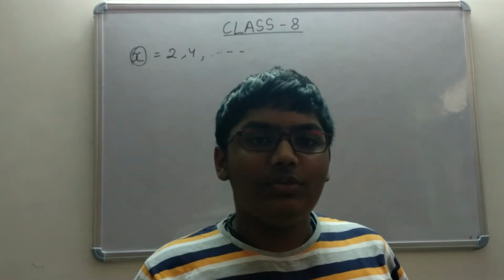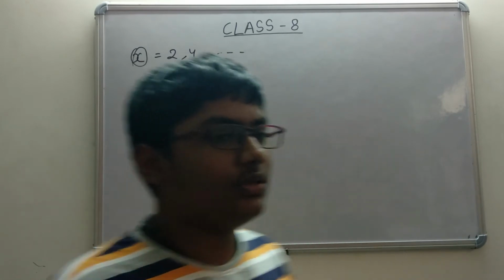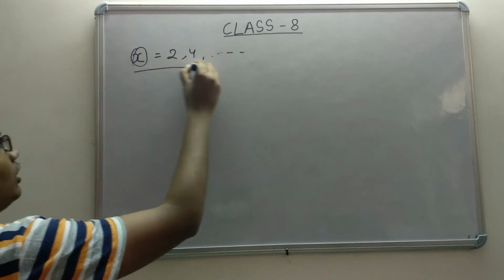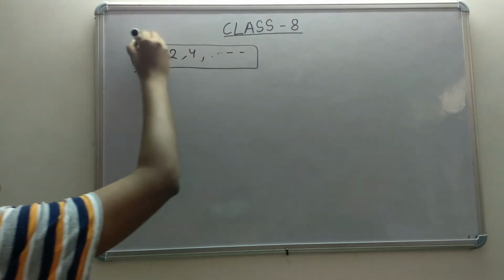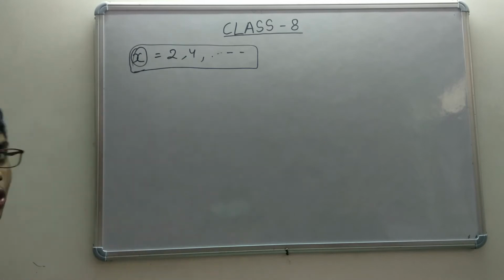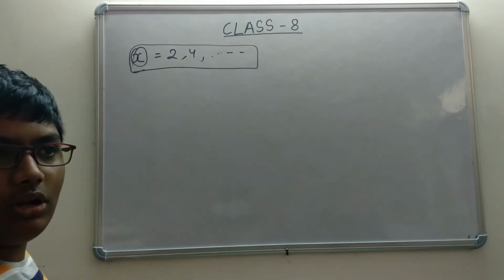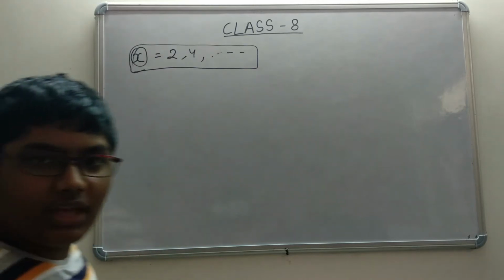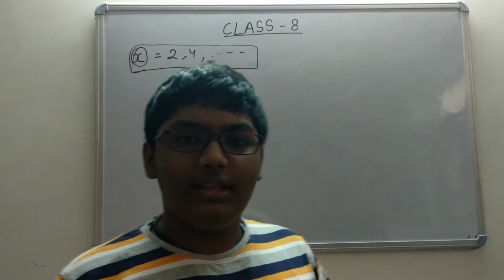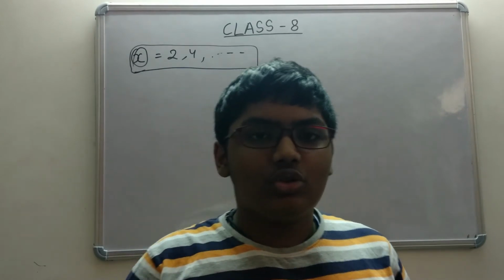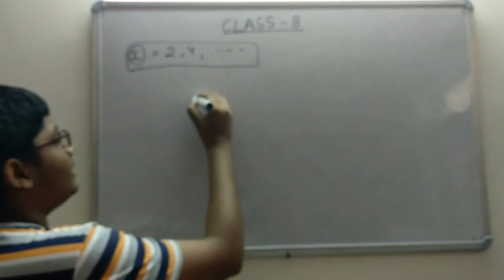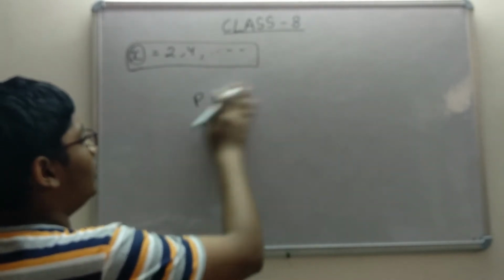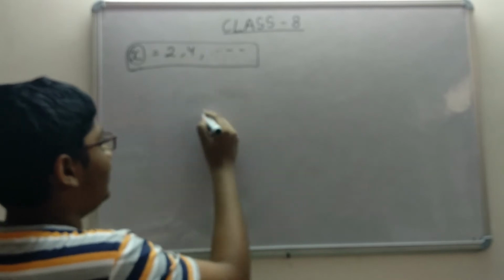So why are we using variables and what are equations? Variables, as I told you, are a storehouse to store values. So why do we need to store values in a symbol or alphabet? For example, they have given us perimeter and length and we have to find breadth. So let's say this is perimeter, 5 meters.